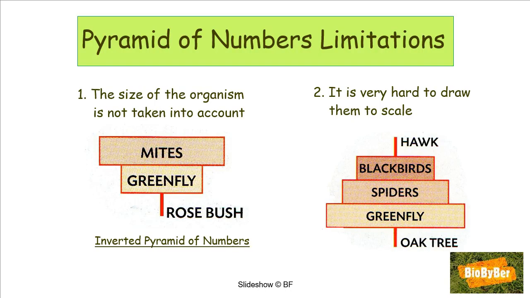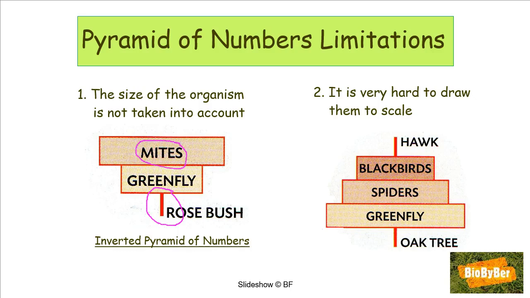So what are the limitations of the pyramid of numbers? Well, the first limitation is that the size of the organism is not really taken into account. If we look at this example here, we have one large rose bush eaten by a number of green fly upon which are living a number of mites.